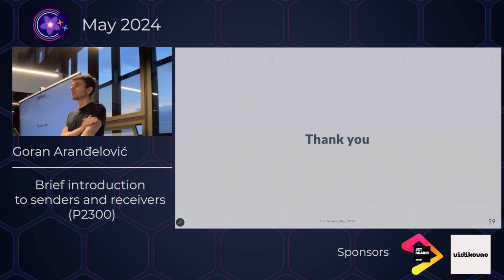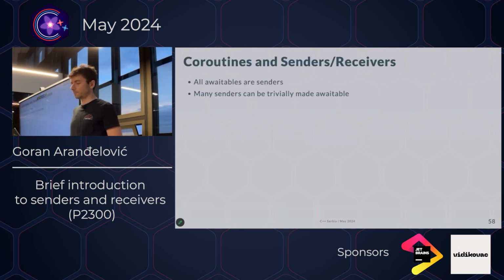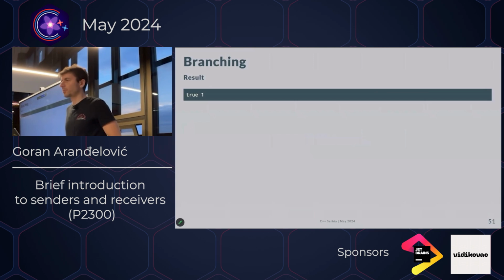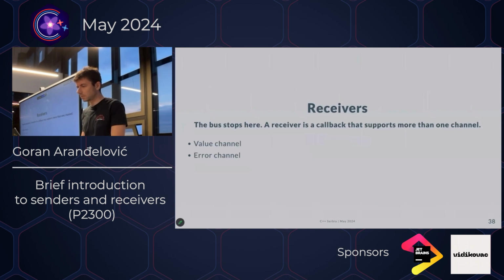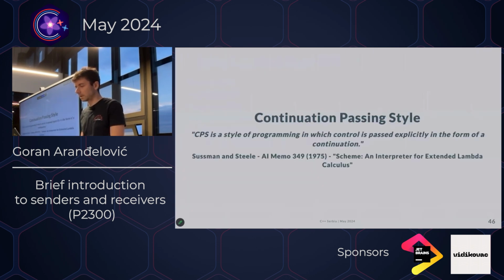Yeah, so I have a different question. In the desugared version of the example, what happens if you call then multiple times on the same sender? Yes, the first example of the exec, NVIDIA exec.